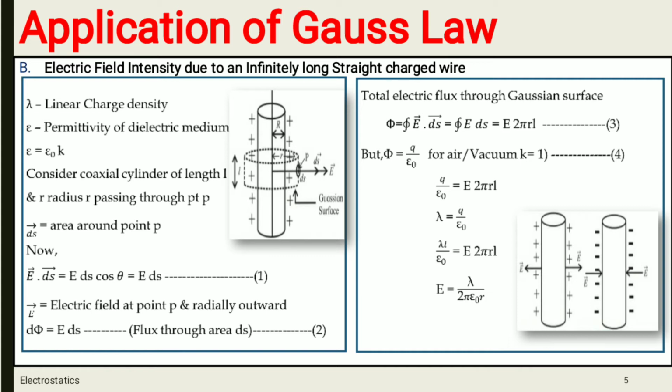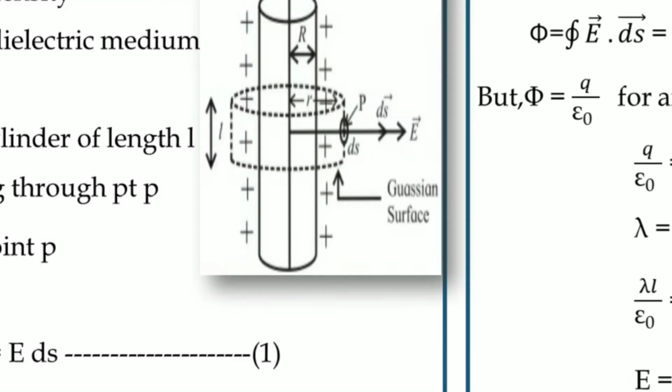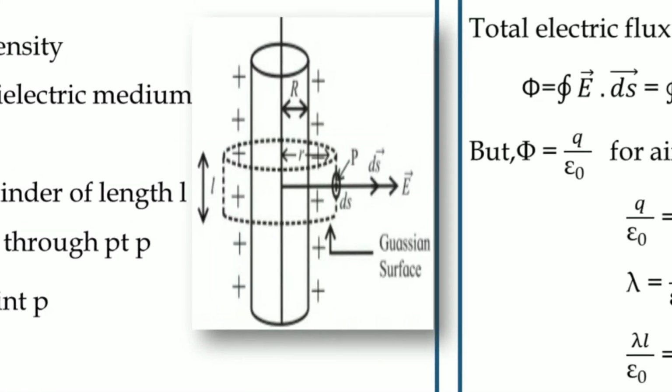To find the electric field intensity due to this infinitely long straight charged wire, what are we going to consider? One point P near the charged wire, which is at distance R from the wire. Now we are going to imagine one coaxial Gaussian cylinder.